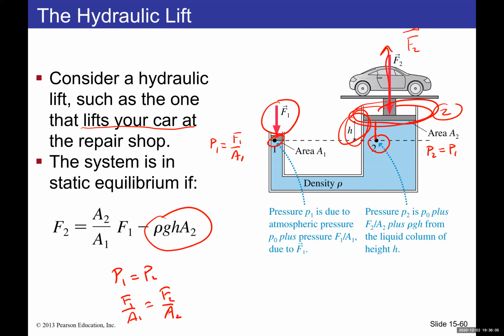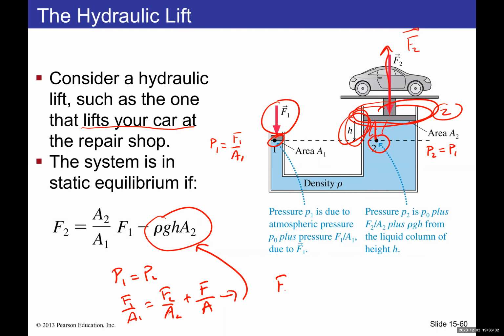But then there's also an extra pressure because of the height difference. So there's a factor there, which you can say is plus the extra force acting over that area. Now, if you combine this, you get this equation over here.